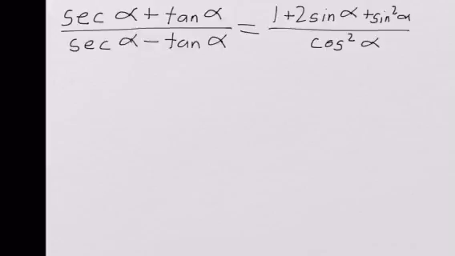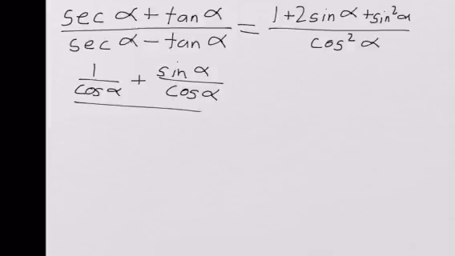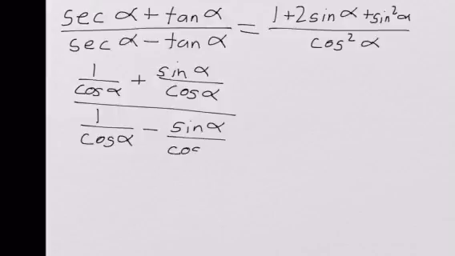So I'm going to start by working with the left-hand side. The first thing I'm going to do is change everything there to being in terms of sine and cosine. So I get 1 over cosine alpha plus sine alpha over cosine alpha, over 1 over cosine alpha minus sine alpha over cosine alpha.